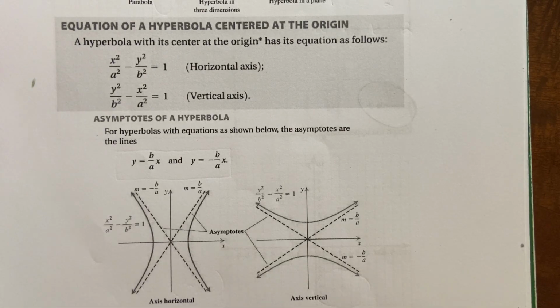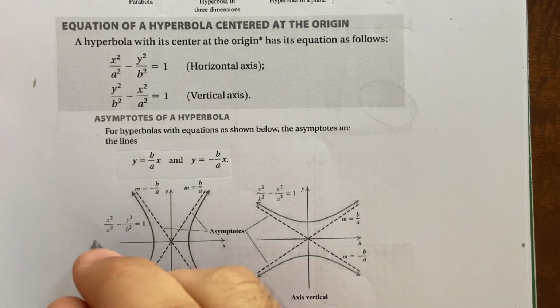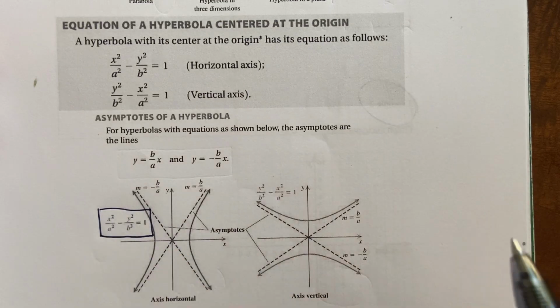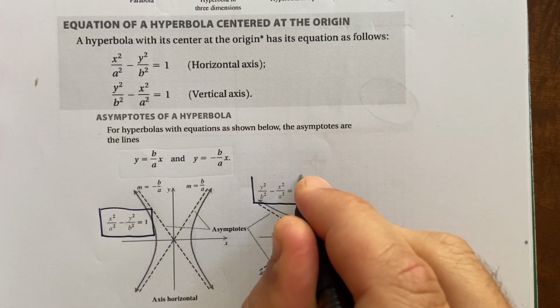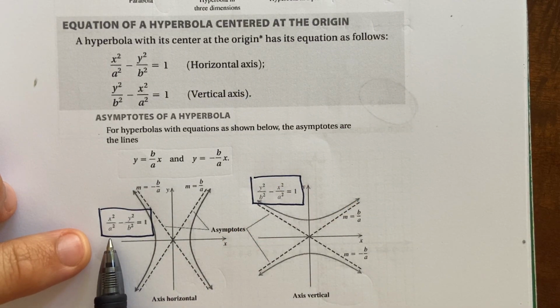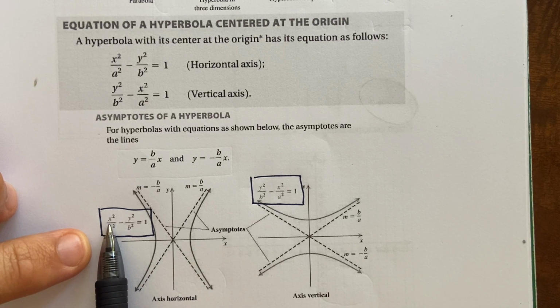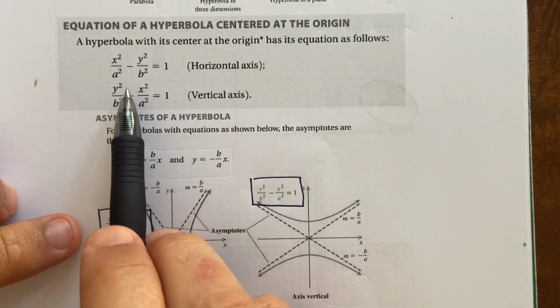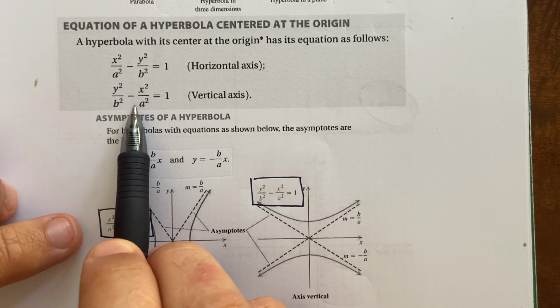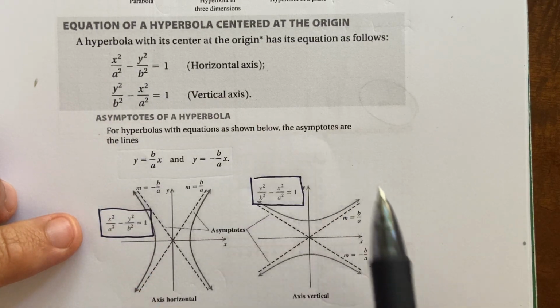Notice the difference. It's going to be hard to see here, but look here and here. When you have a horizontally opening hyperbola, it is the x term that is positive. Notice we have a minus now in these cases where the ellipse was plus, so that's the difference algebraically.